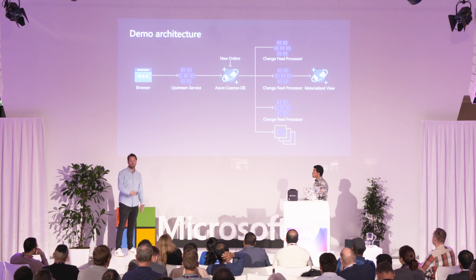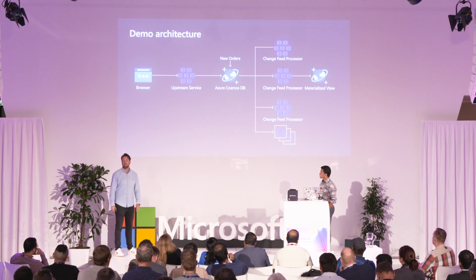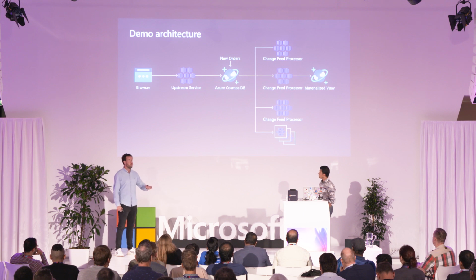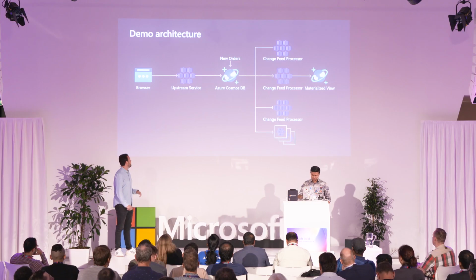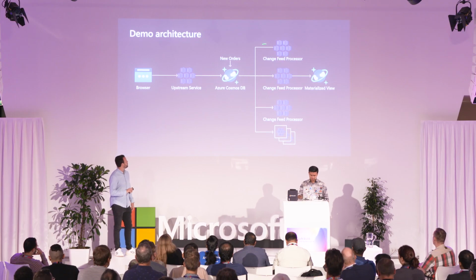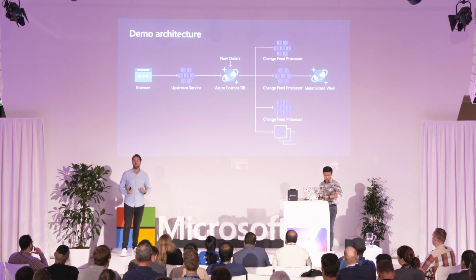We have an upstream service, and this is a very simple program, and it's going to just spam the Cosmos DB with database transactions. And with spam, I mean we have a while loop that says true. So while true, we just keep spamming. Then we have some change feed processors, which are going to check, all right, we see that the change feed of the Cosmos DB is piling up.